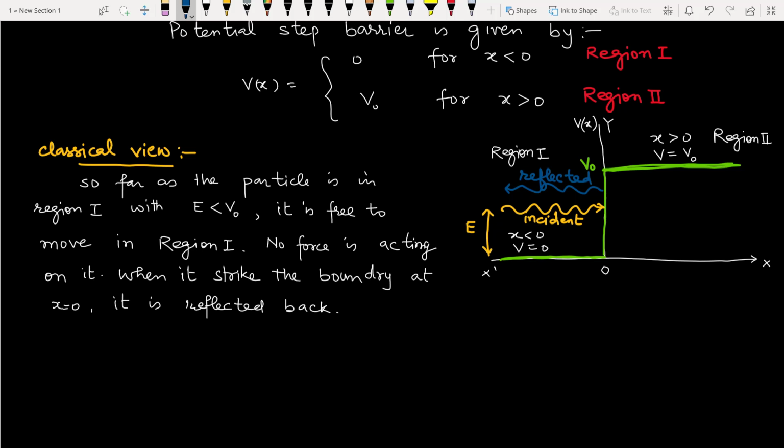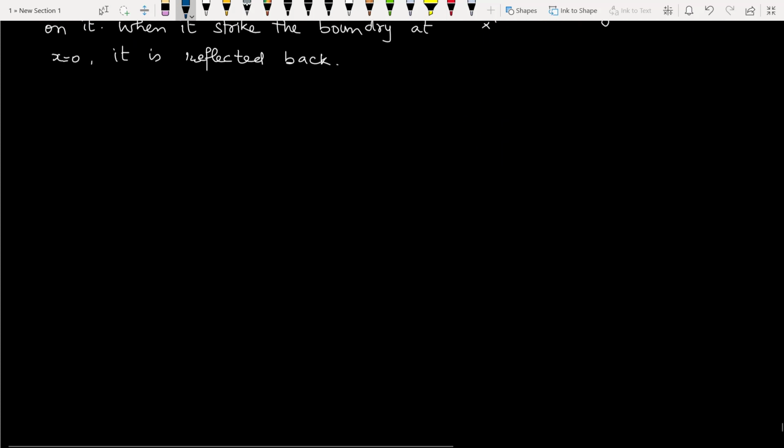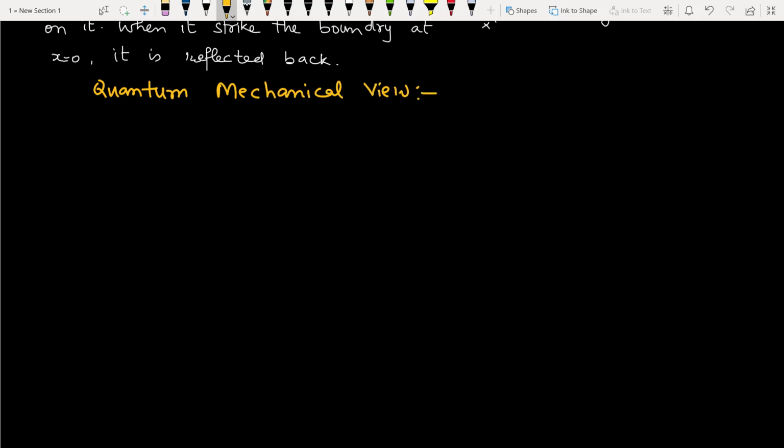Now we try to study the quantum view for the same problem. When we deal with the same problem quantum mechanically, we will try to solve the Schrodinger wave equation. So now we will solve the Schrodinger wave equation for the same problem.